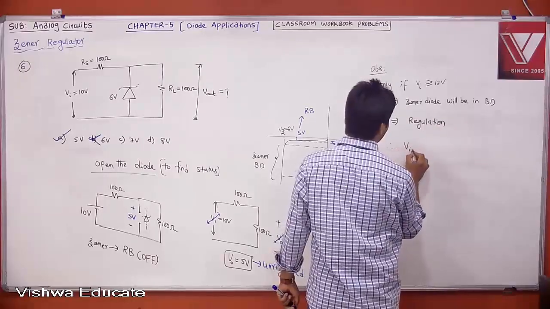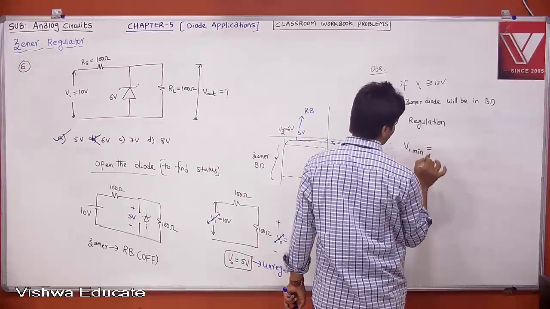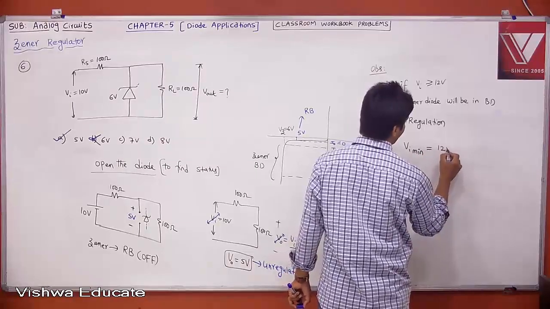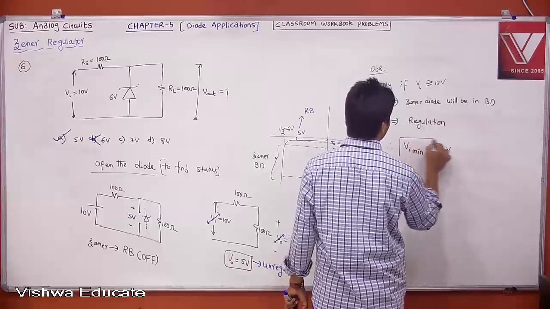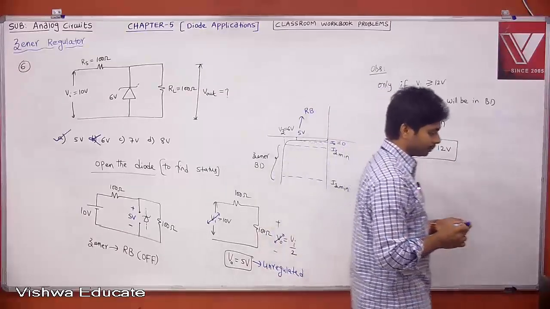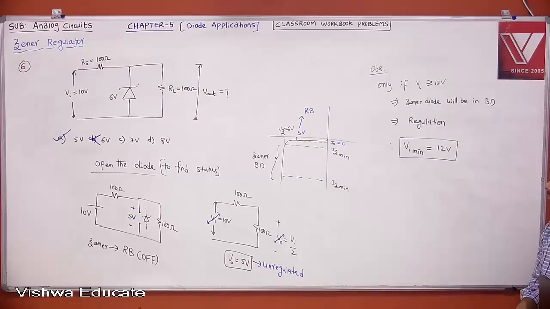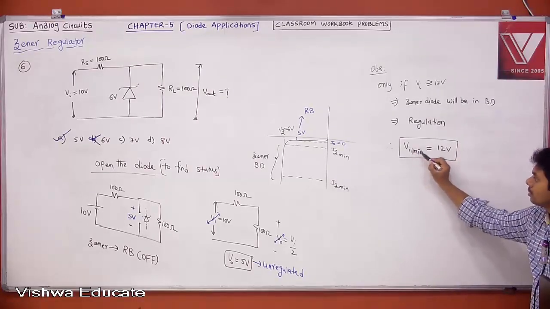Therefore, what is VI minimum? The minimum voltage for which your Zener diode is doing regulation is nothing but 12 volt. This is our minimum voltage. Less than minimum, no regulation. This is your input voltage minimum.